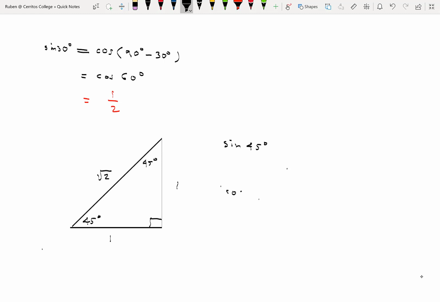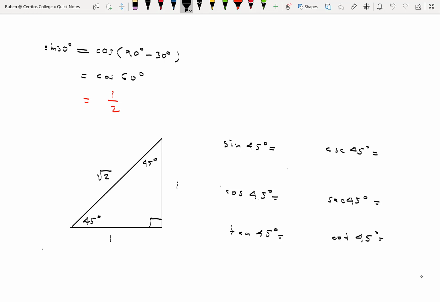The sine of 45, the cosine of 45, the tangent of 45 degrees, the cosecant of 45, the secant of 45, and the cotangent of 45 degrees. Okay, so I'm listing all the trig functions in order just like we always do.